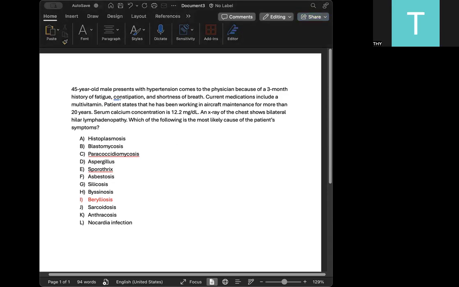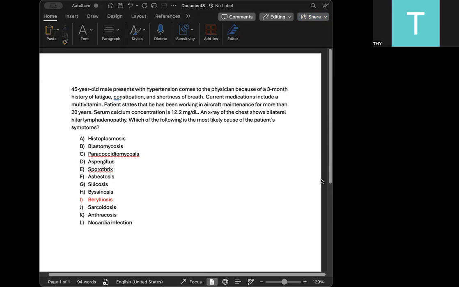Next is blastomycosis. Blastomycosis is found in the Northeast. Pigeon droppings, black nodular rash, big cavity lesion in lungs, and broad-based hyphae. B for blastomycosis, B for broad-based hyphae. Next is paracoccidioidomycosis. That's found in South America, so Colombia, Mexico.